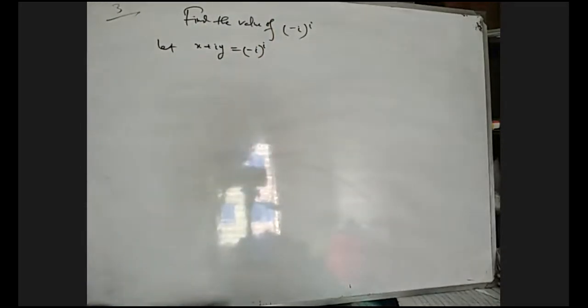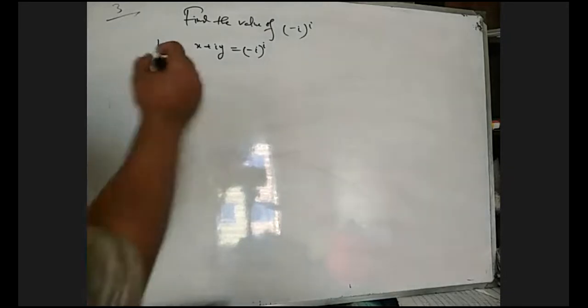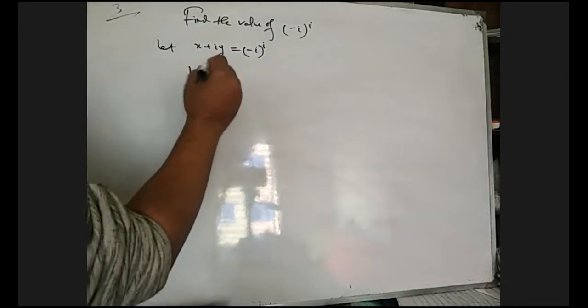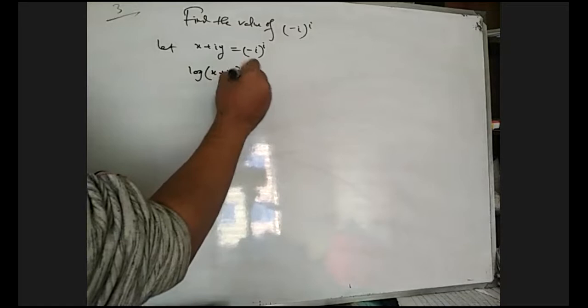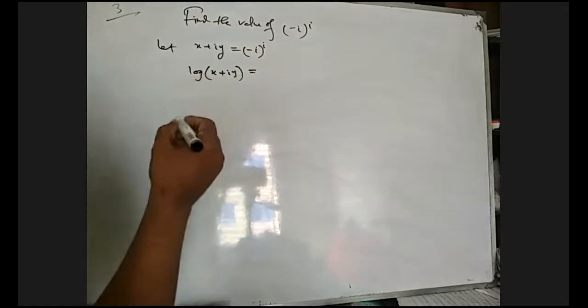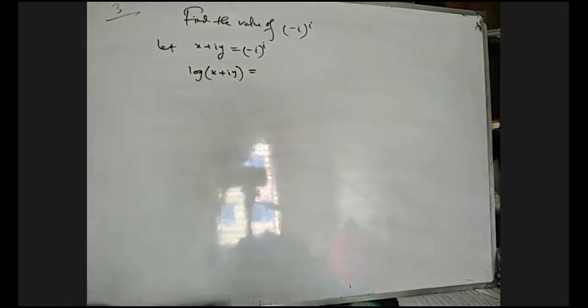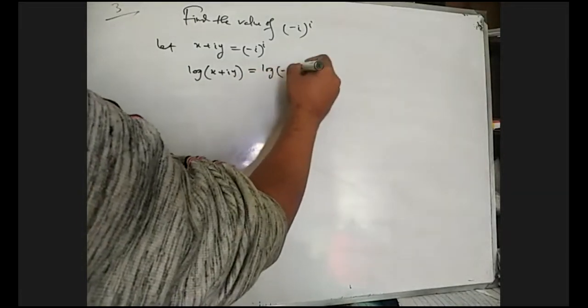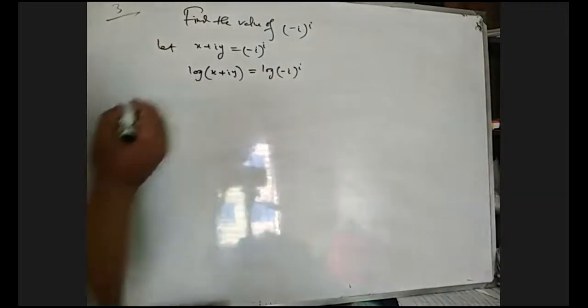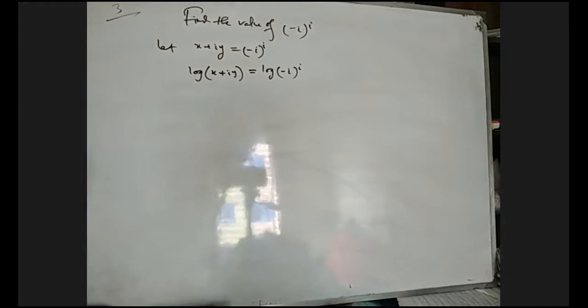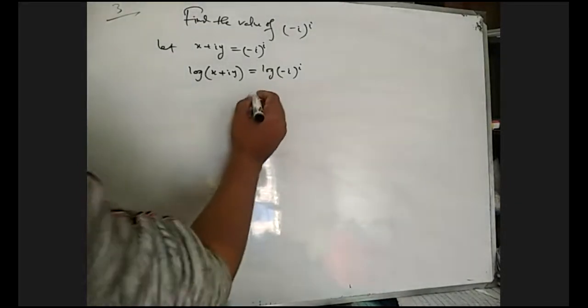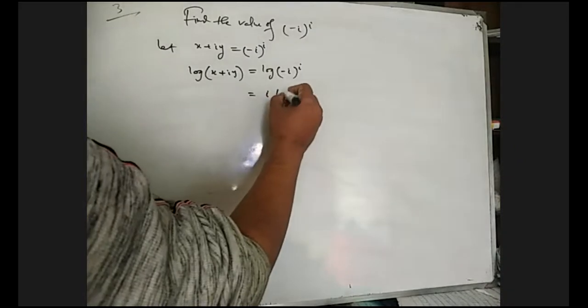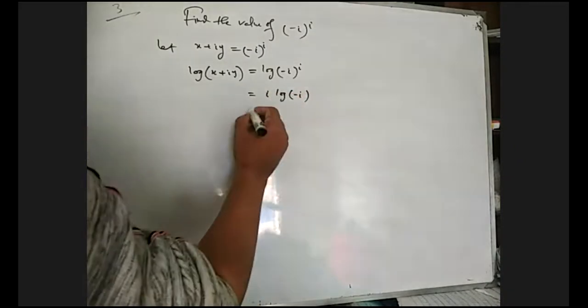Taking logarithm on both sides, log of x plus iy equals i log of minus i.